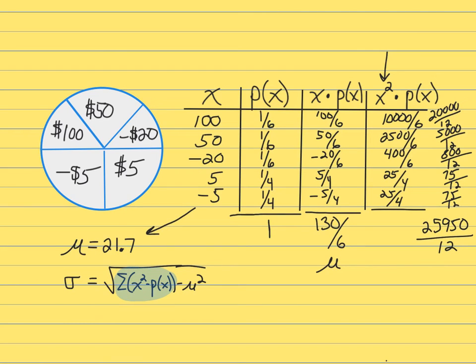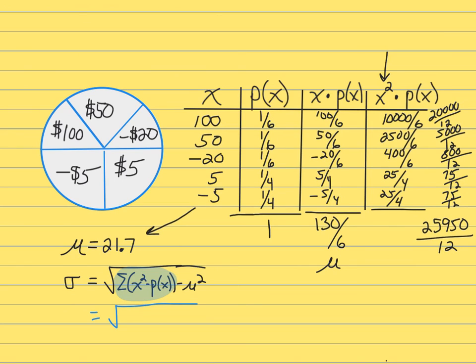So all we have to do is square mu, subtract it from the result of 25,950 divided by 12, and then take the square root. So carrying on, got a different color, but oh well. 25,950 divided by 12.